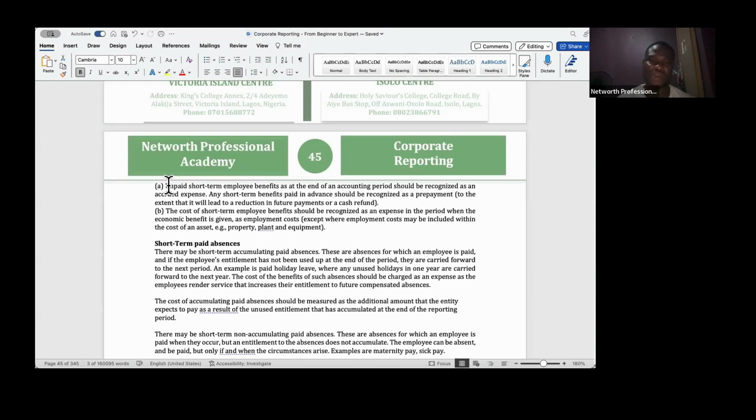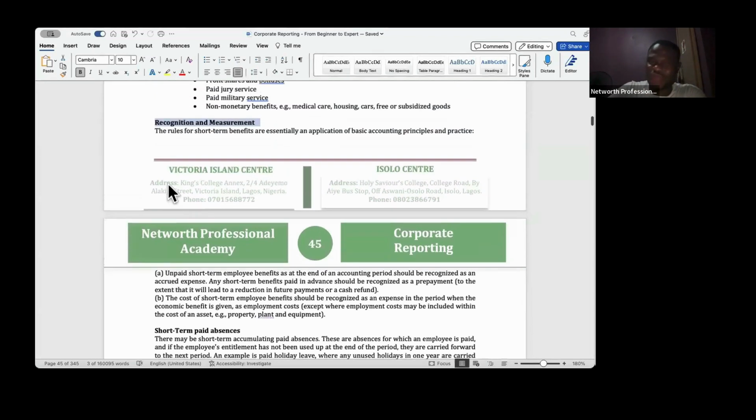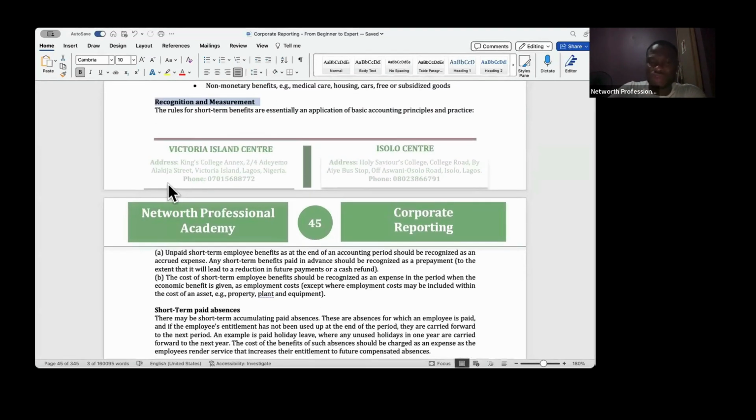By the time you have recognized what you are supposed to get in your P&L, whatever excess they have paid over what you are due will be a prepayment. However, that's quite straightforward for your normal routine pay.